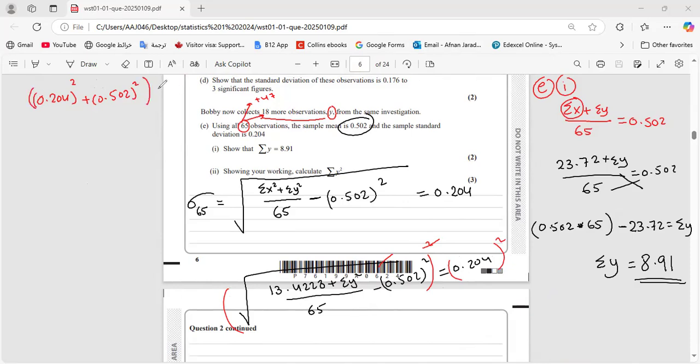You need to multiply it by 65, then subtract 13.4228 to find the sum of y squared, which equals 5.6625, which to three significant figures equals 5.66.